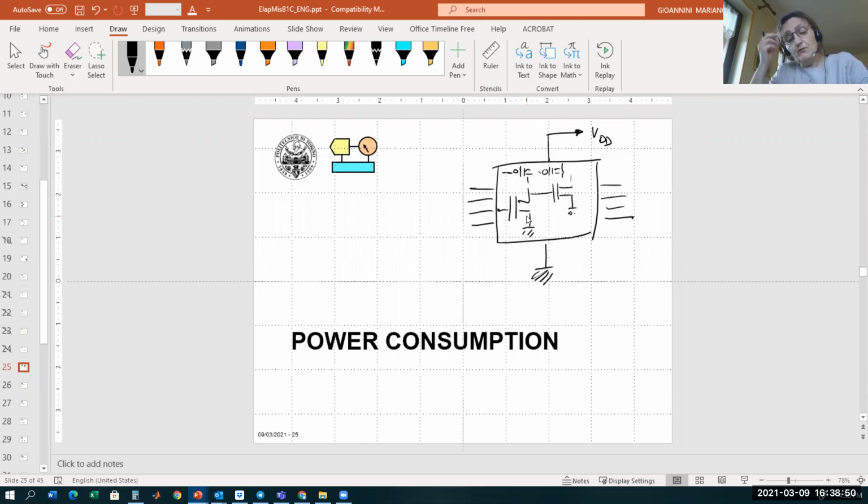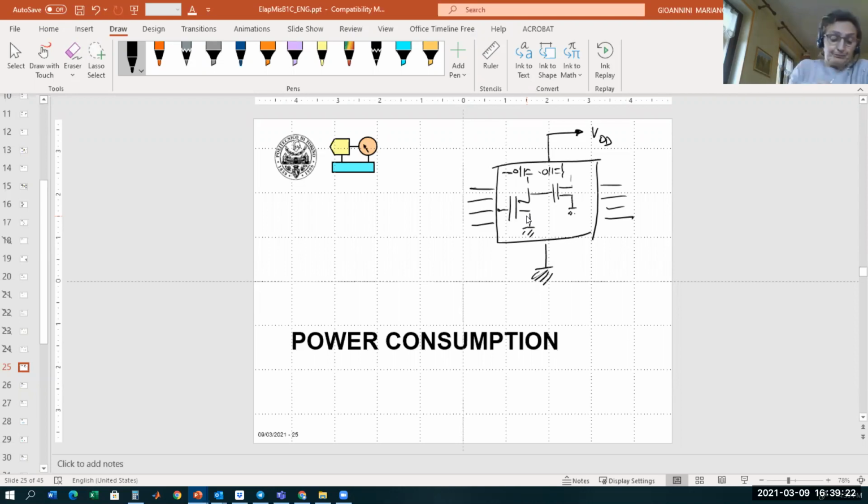And it is very important to understand where this power consumption is coming from if we want to take design choices for making this circuit fast, or for example, for making this circuit energy efficient. Because an important point, as we will discuss, is not only the speed, but also the energy required for reaching that particular speed.